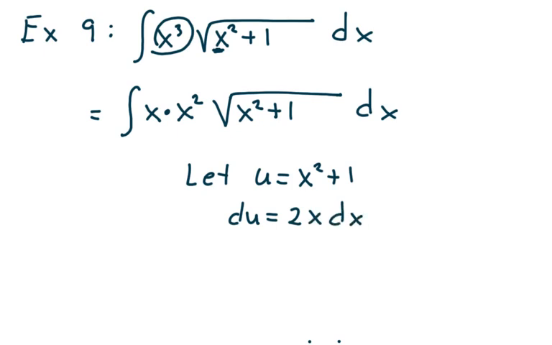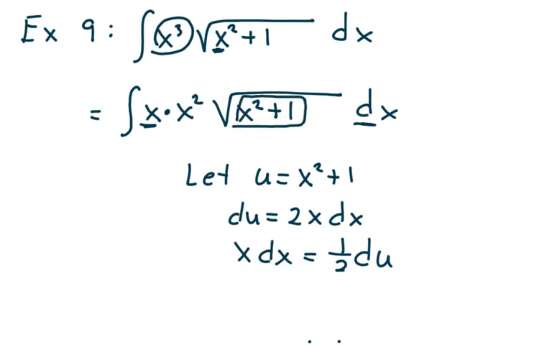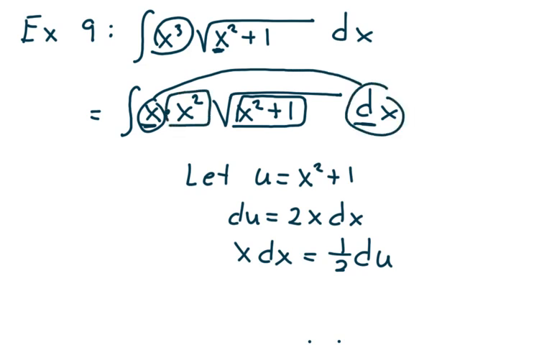Now, I need an expression for x dx. So x dx is 1/2 du. Okay, well that's good. So I have an expression for x squared plus 1, and I have an expression for x dx. What am I missing? Oh yeah, I'm missing x squared.